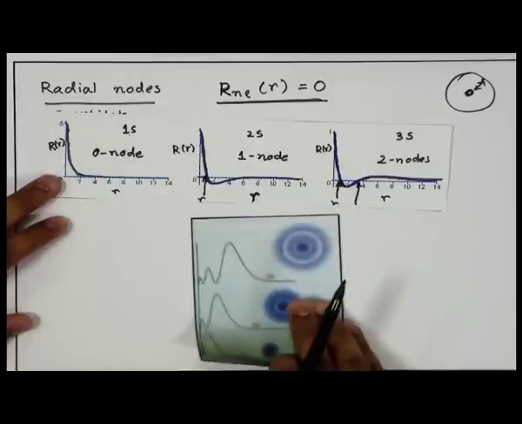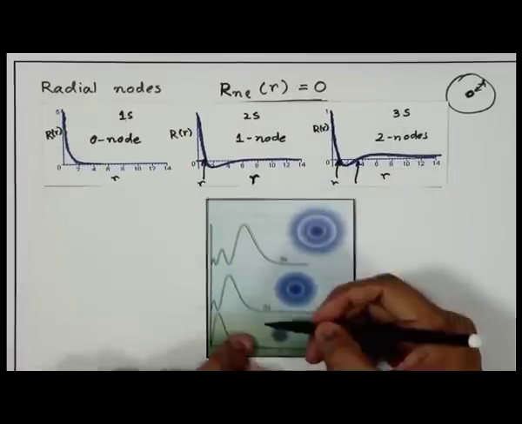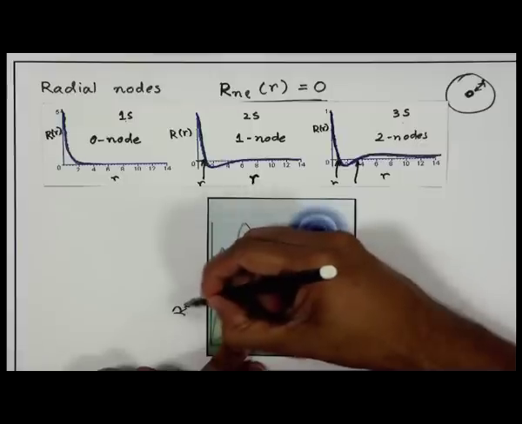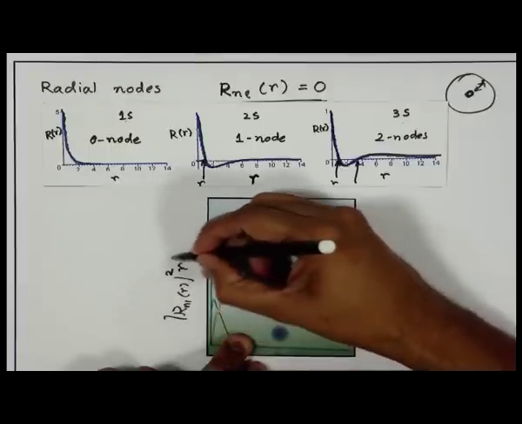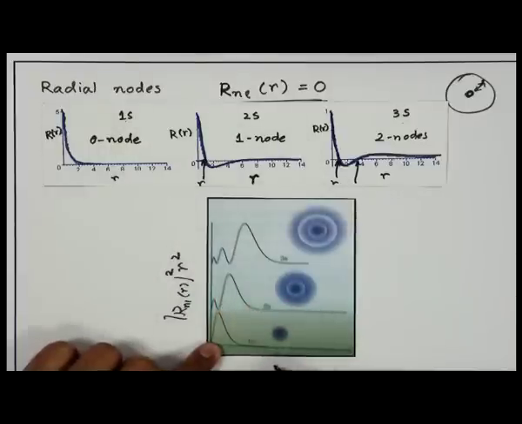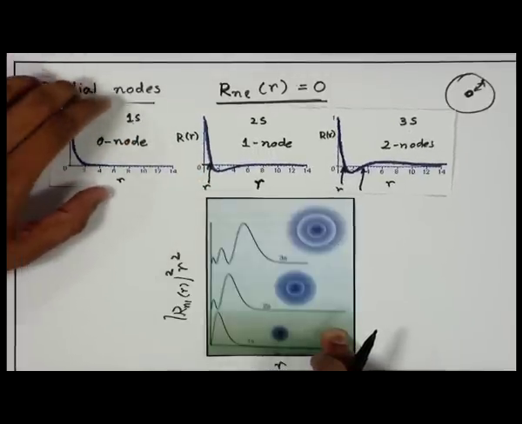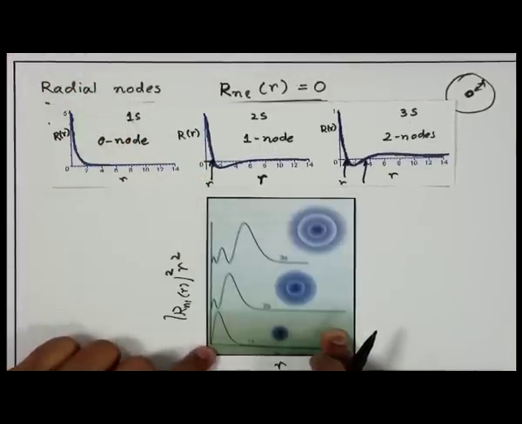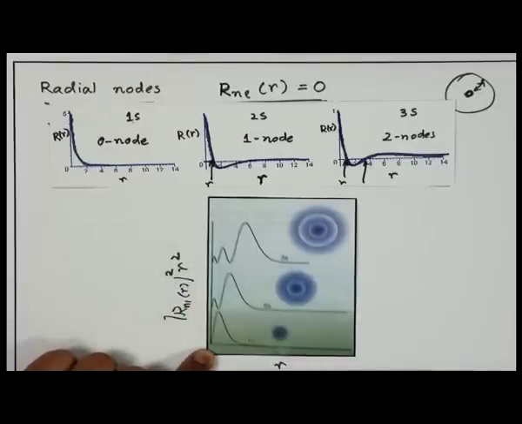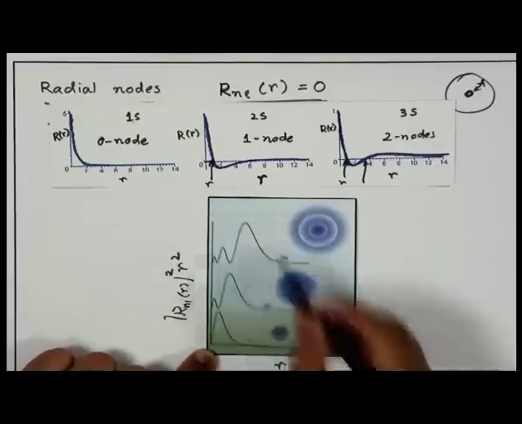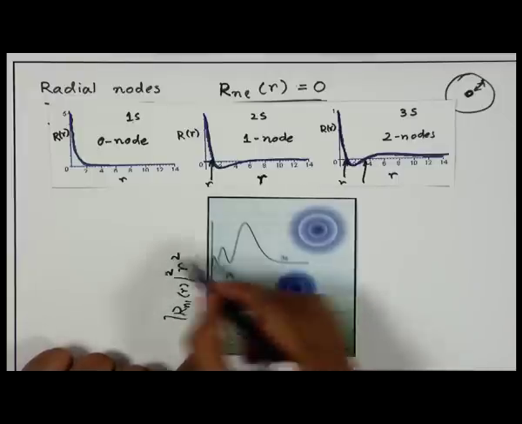What I am plotting in this picture, on the y axis, you have the square of R_nl multiplied by r square, and on the x axis you have the distance. This is called the radial distribution function. This is the definition of it, but we can actually go through the results. When I look at this picture, I see that for the 1s orbital, the radial distribution is the square of this wave function.